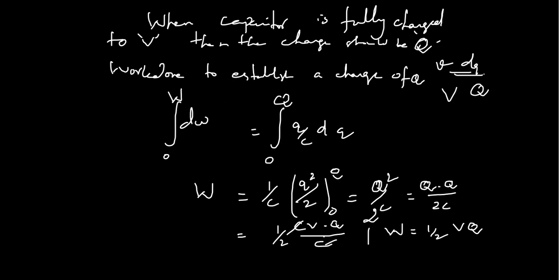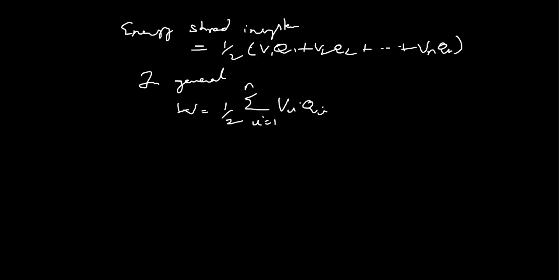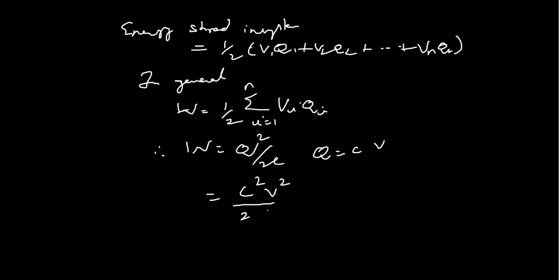Here you apply Q = CV, and this becomes C squared V squared by 2C.